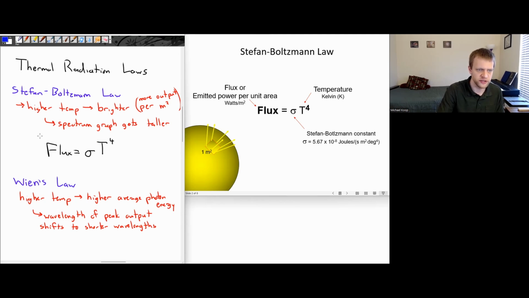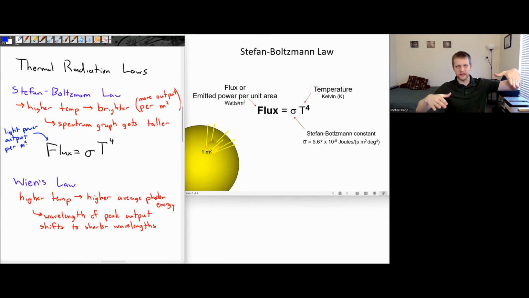So we should label these. This is energy output, so light power output, per square meter. So basically saying every square meter of this object, how much light energy is it putting out every second?